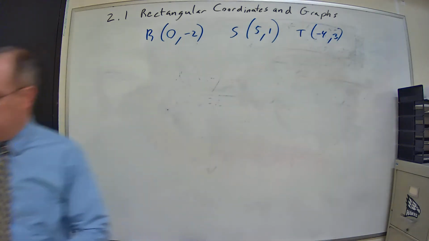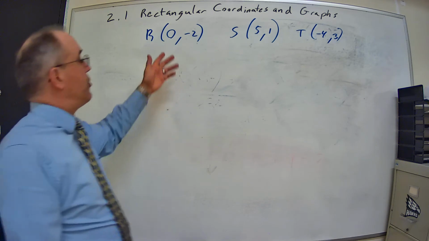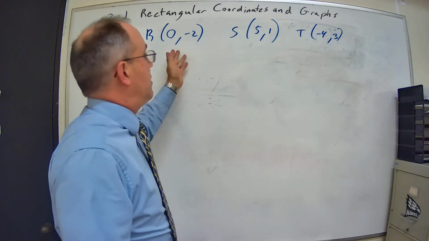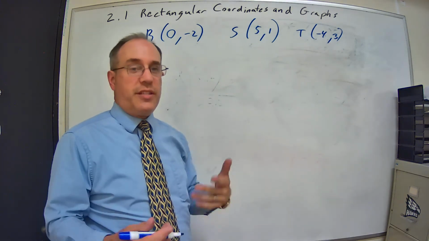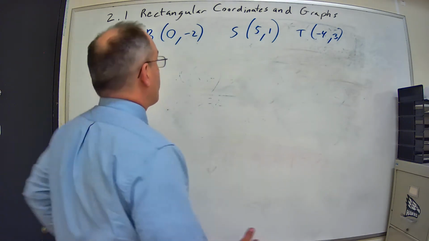Now when we do this, it just does take a little bit of effort because we really have to find 3 distances, right? So we're going to have to use the distance formula 3 times.